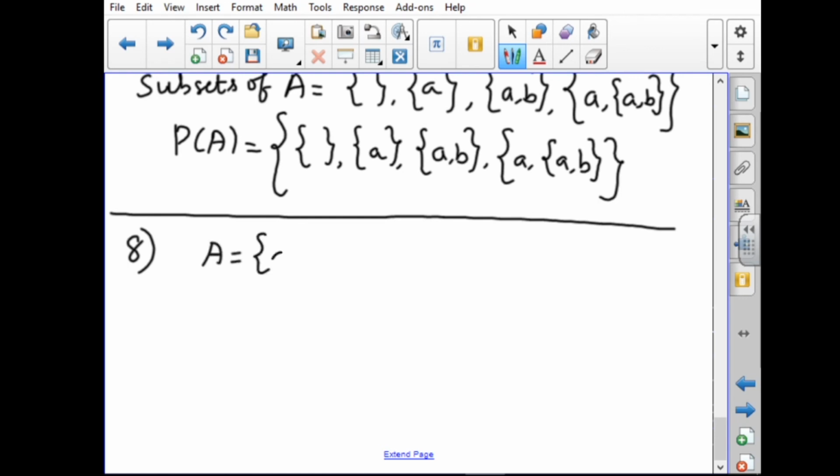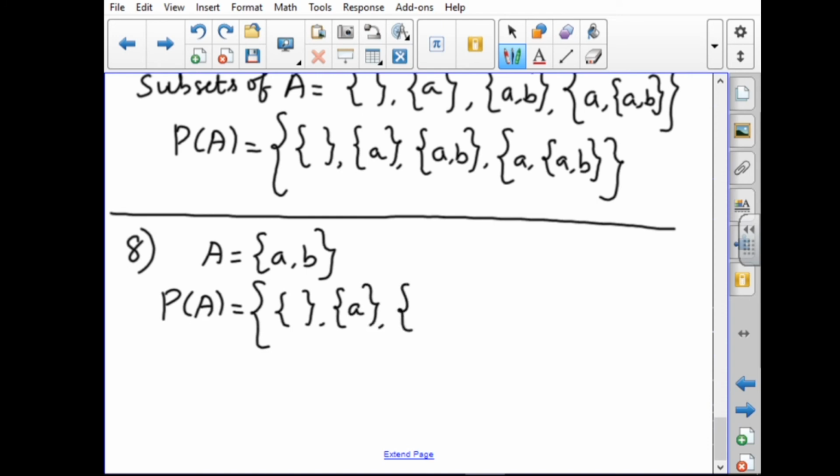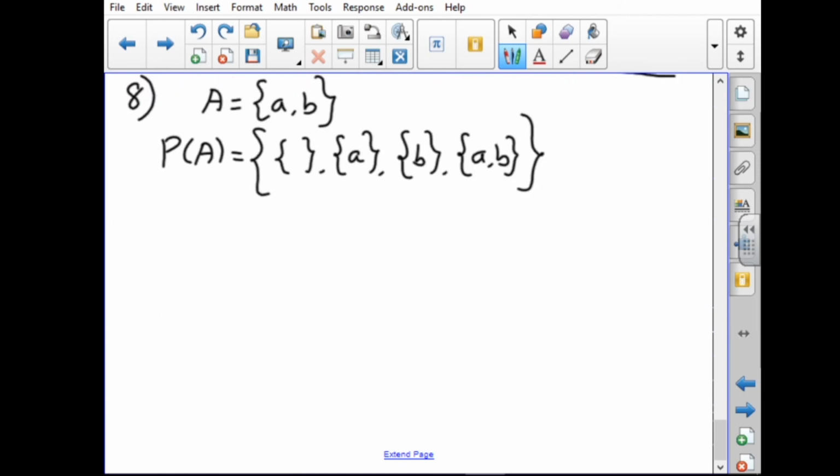So A is equal to A comma B, okay. So P of A is equal to, you can use the overall bracket, okay. Then empty set, then A, everything should be in the set bracket, okay. Then B, then A comma B. You should not forget to put the outer bracket.